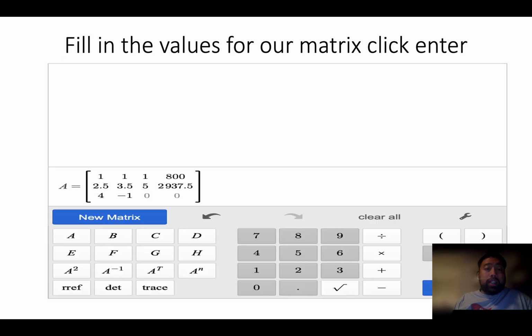The next is I want you guys to fill in the values of what we did in our bracket before. So it's all right here. Fill in the values. After you fill out the values, you're going to hit the enter button, which is that blue button right here.